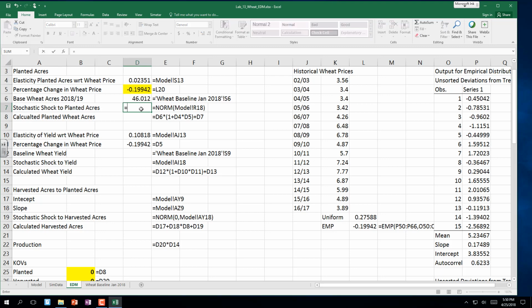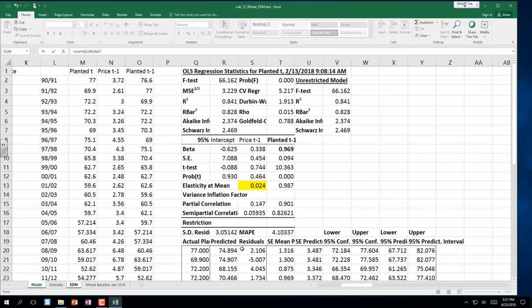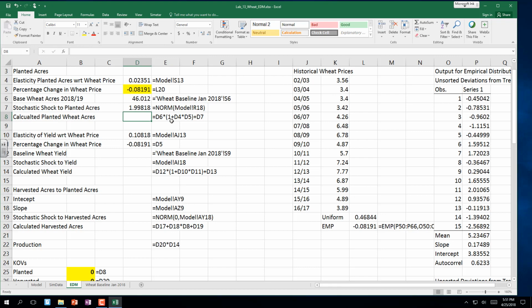So it's going to be equal to norm, left parenthesis, 0 for the mean, comma, and then we go back to this model here that we estimated for planted acres, where the standard deviation of the residuals. What that's saying is that on average, the variability in planted acres is 3 million acres. So that gives me a stochastic value.